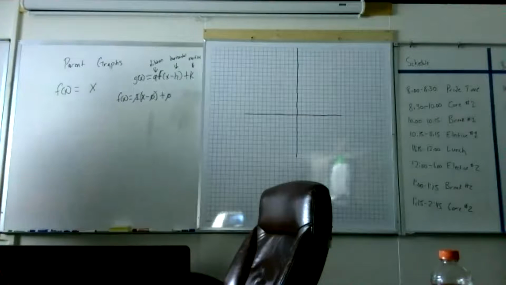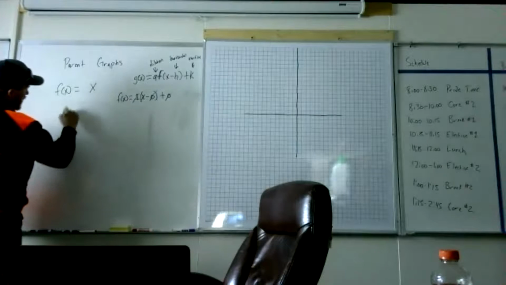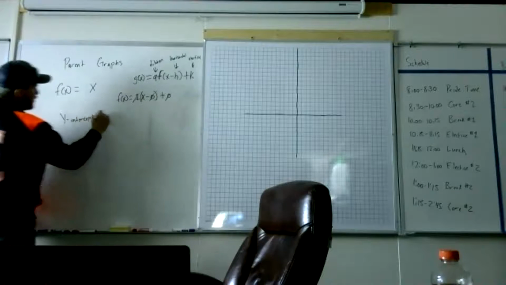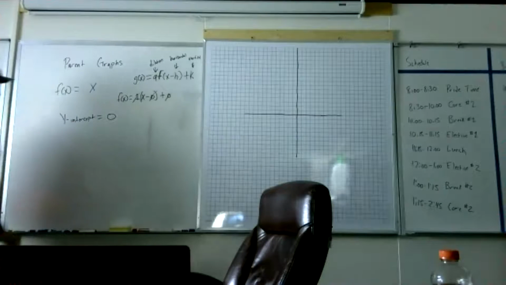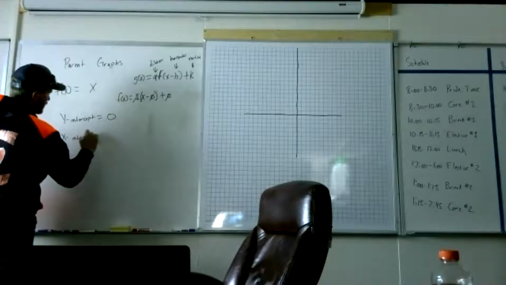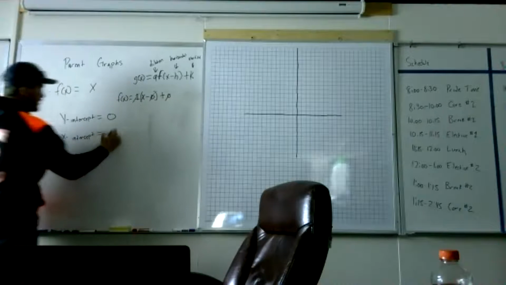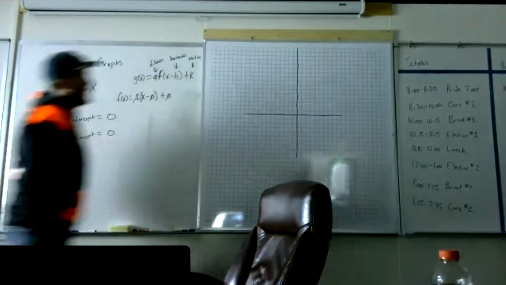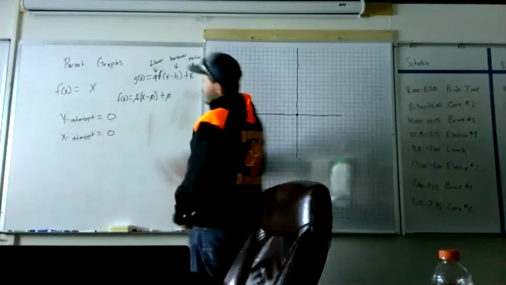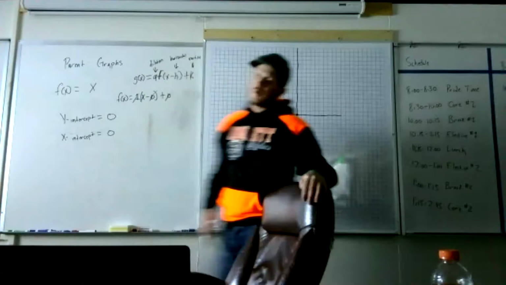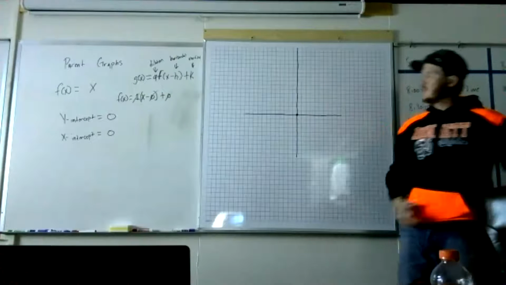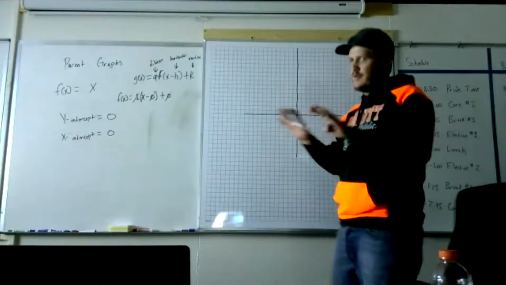Certain characteristics of this graph. The y-intercept is equal to 0. The x-intercept is equal to 0, meaning that it crosses at the origin. This point, the y- and the x-intercept being at 0, is very handy for you to find your horizontal and your vertical translations because that's sliding the graph back and forth.